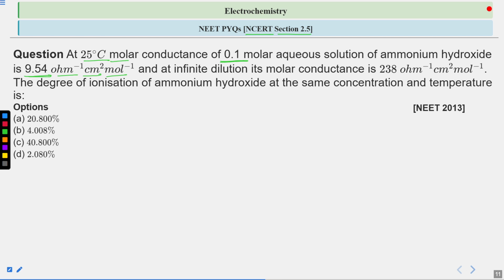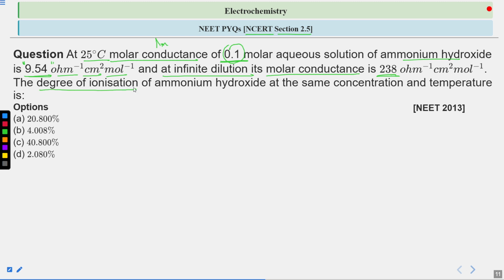So we have given the molar conductance, that is lambda m, of this concentration aqueous solution of ammonium hydroxide, NH4OH. So the molar conductance value is 9.54. And at infinite dilution, its molar conductance is 238 ohm inverse centimeter square mole inverse.